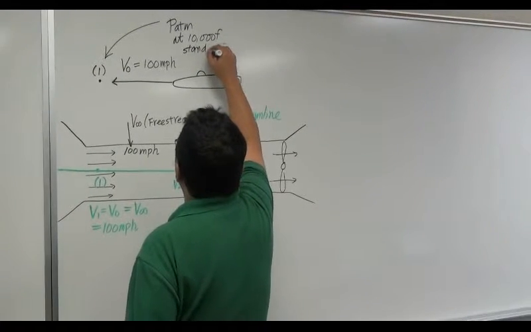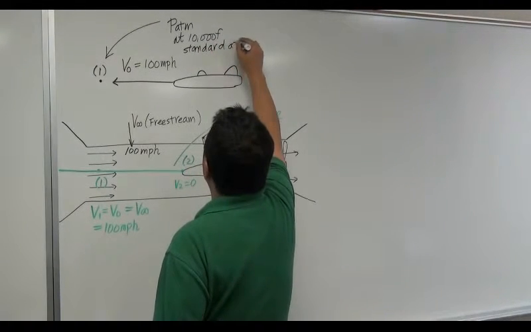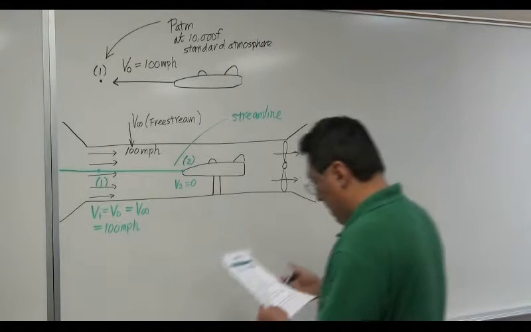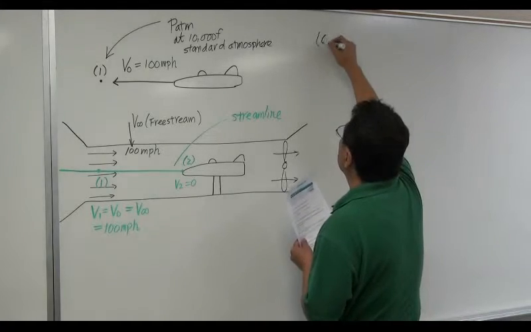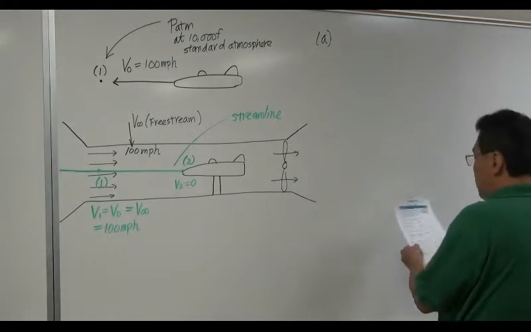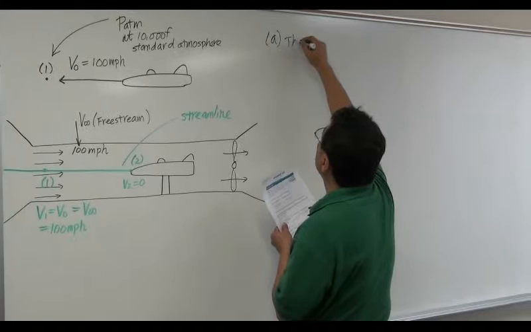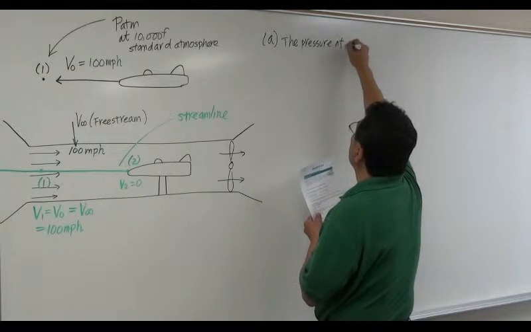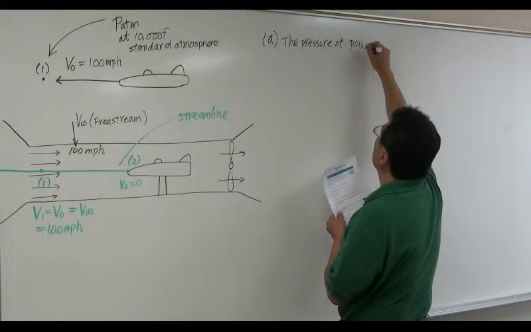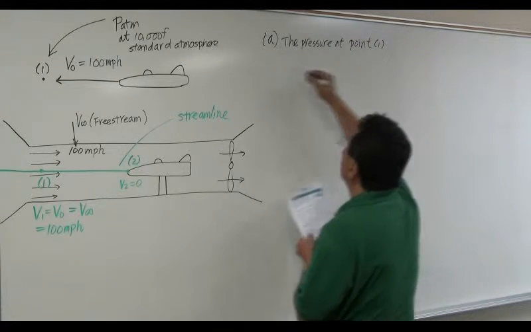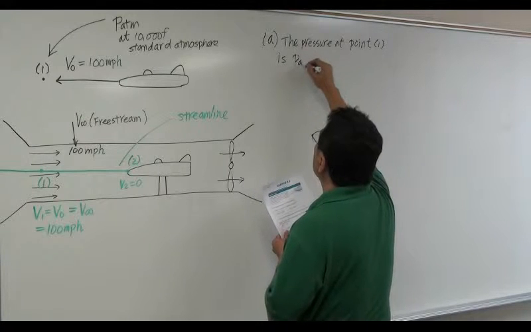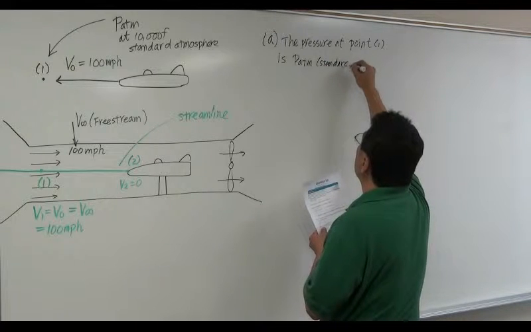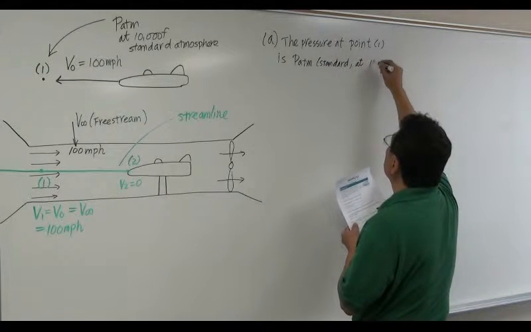Is that correct? Okay. So part A, to answer the question, the pressure at point 1 is P_atm, standard, at 10,000 feet.